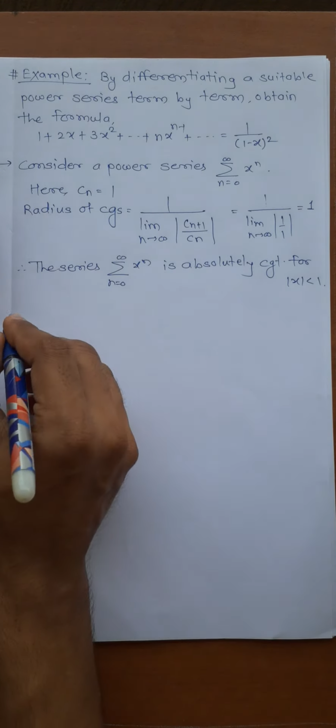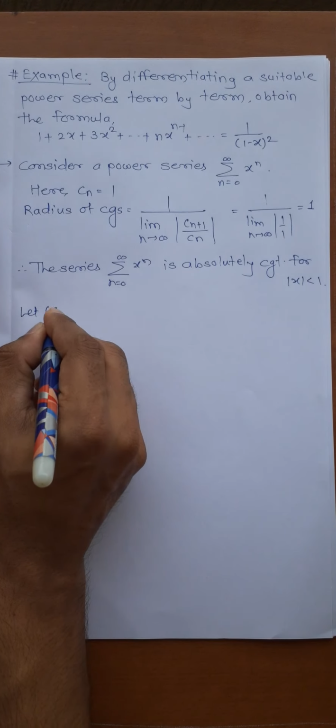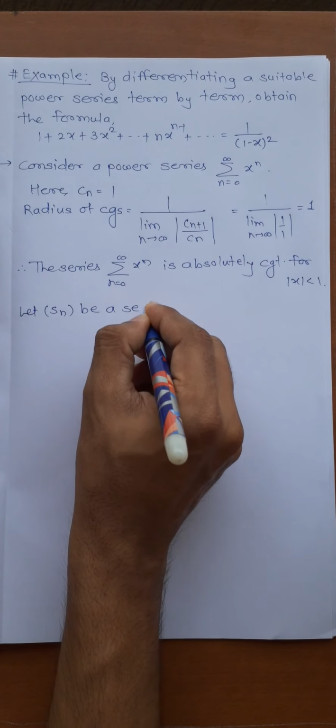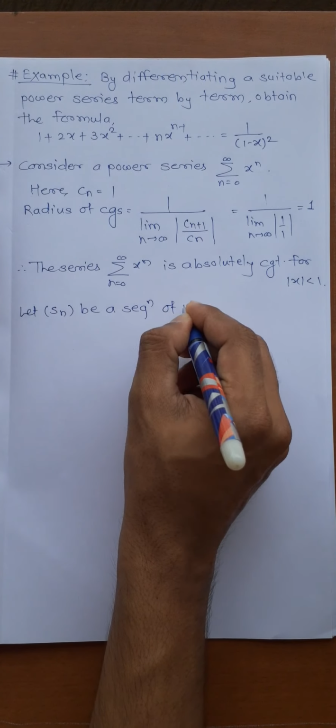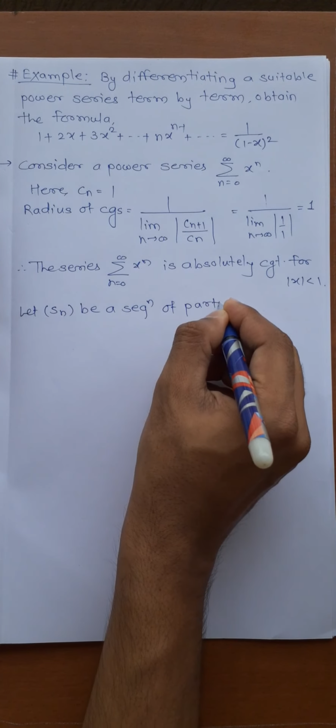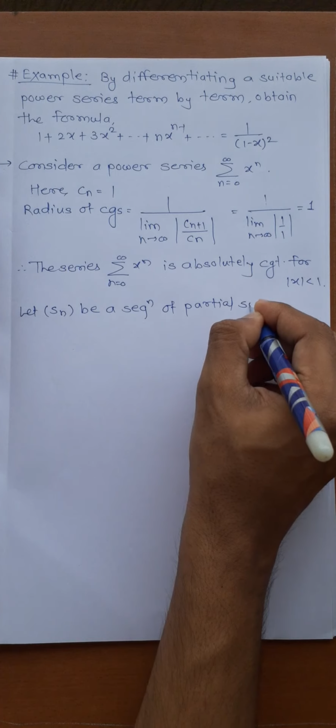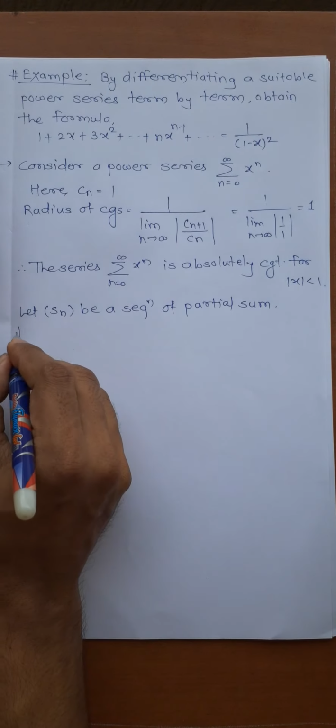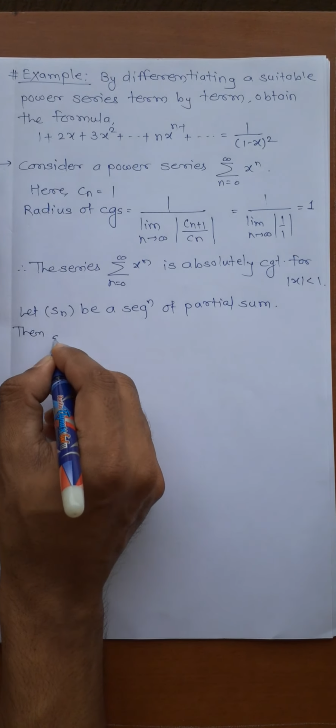Let Sn be a sequence of partial sums. Here I am going to find where it converges. Do you know Sn of x means what?